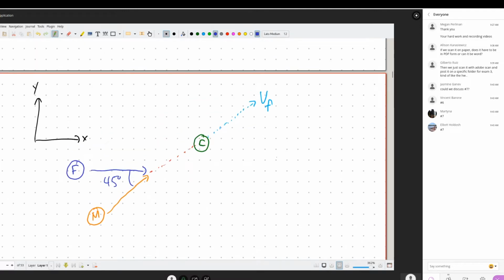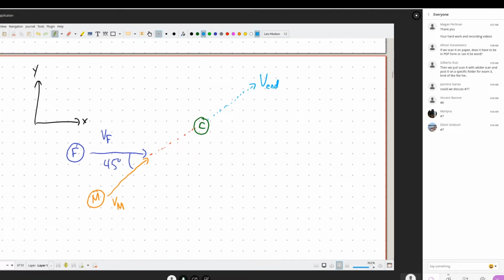So I know the initial velocity of the father. Now that's confusing. I'm just going to use v father, v mother, and then here I'm going to represent this as v end, so we don't get confused by f being used for two different things. And since I know all of this, I know momentum is conserved.